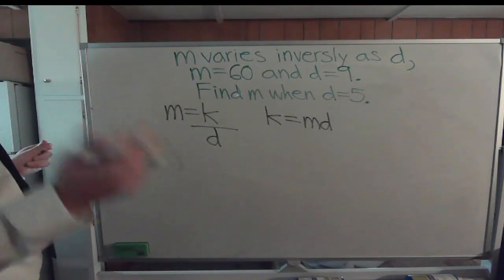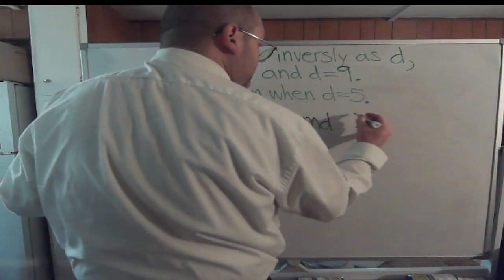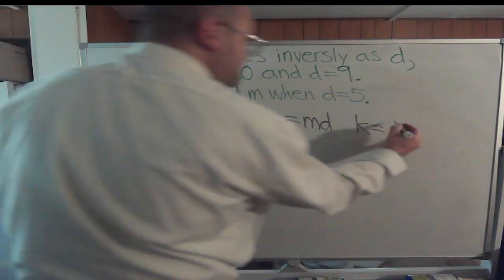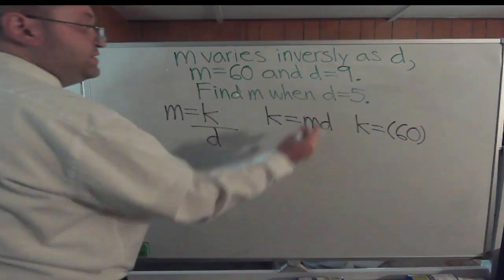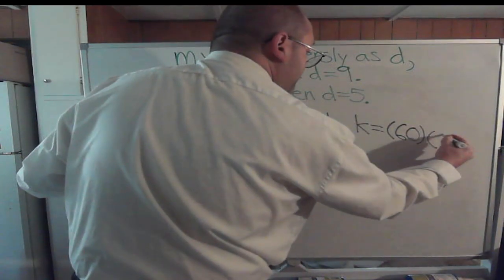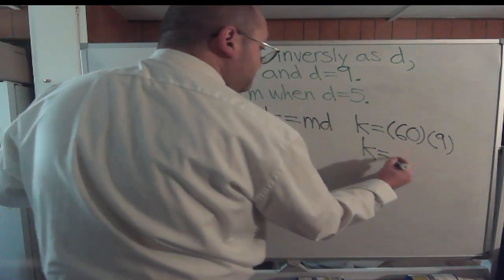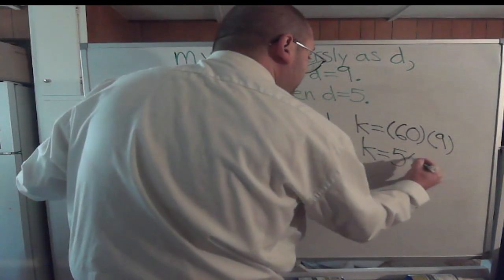Now, in order to find said constant, we just need to plug in the values of M and D. So K equals the value of M, which was 60, times the value of D, which was 9. Just multiply 60 times 9, and you're going to get 540.